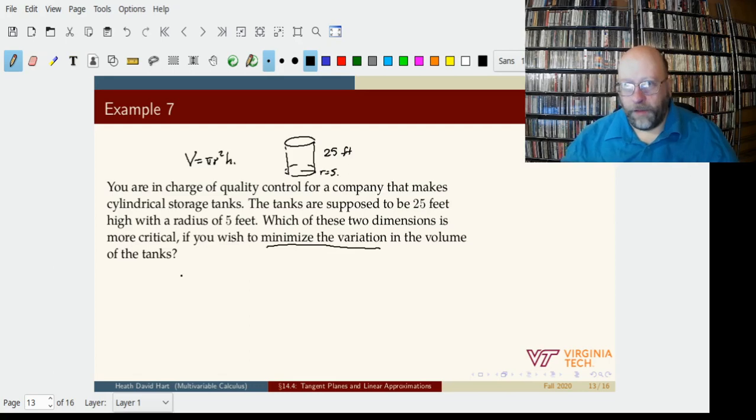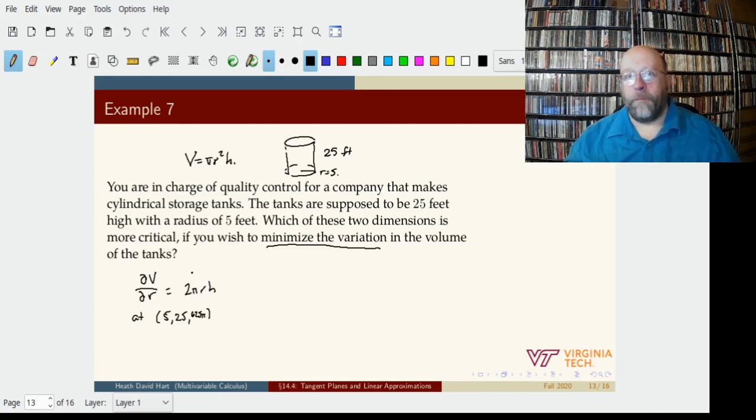Well, then let's look at some derivatives. The change in V with respect to r is 2 pi r h. At r is 5 and h is 25, the volume is 625 pi.